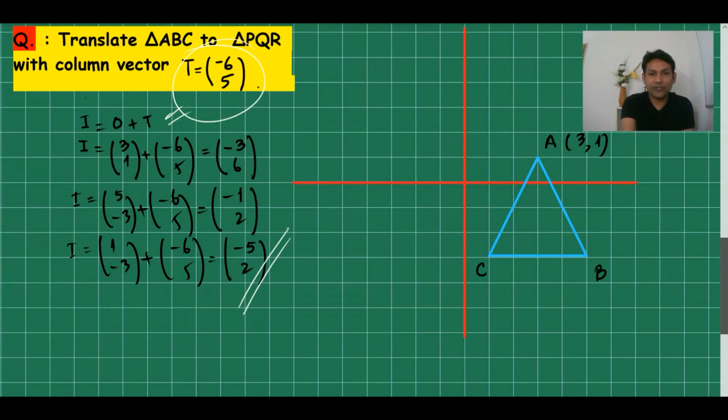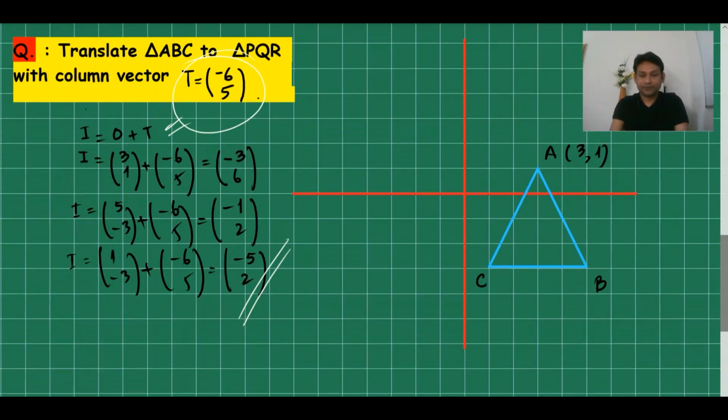Minus 6 and 5: first I have to move left, and 5 means up. Very simple. Minus 6 and 5, left and up. All the points will move left and up with minus 6 and 5. How many steps left? Negative 6.